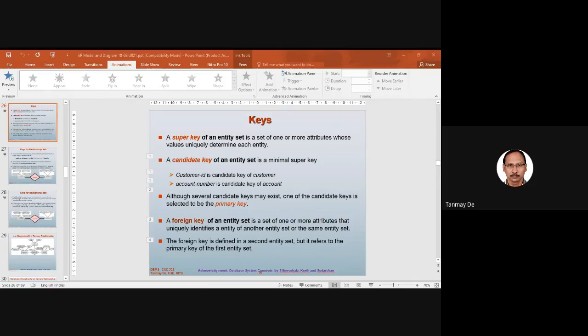At that time, the customer name attribute is sufficient to uniquely determine one customer from the customer entity set.